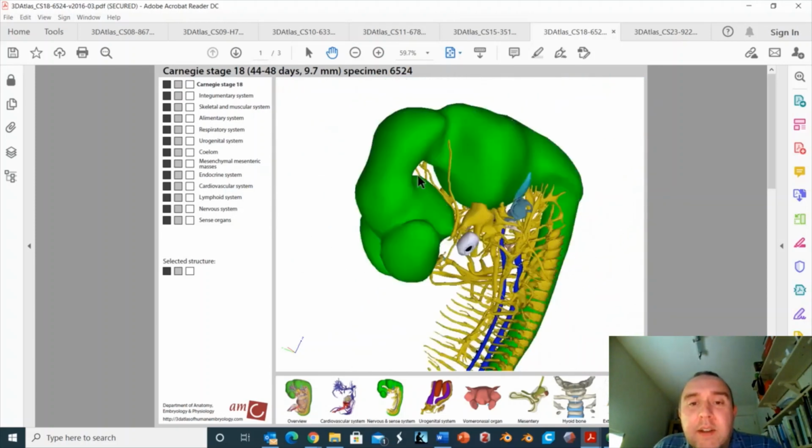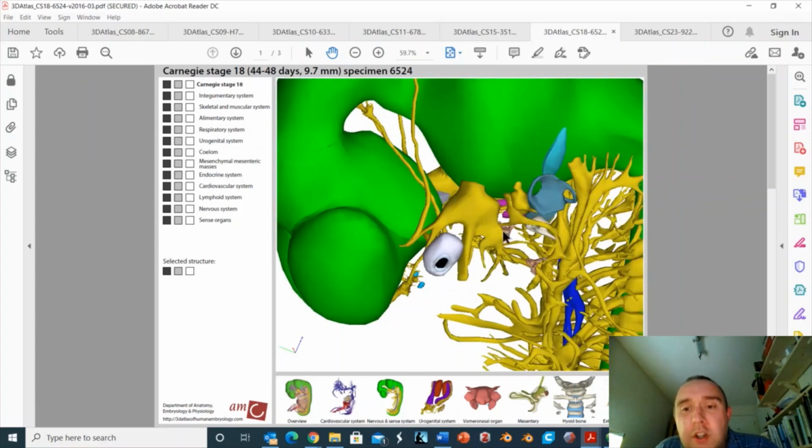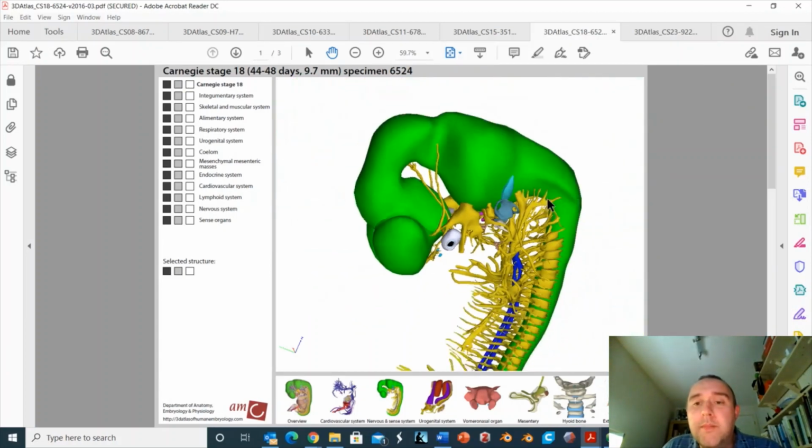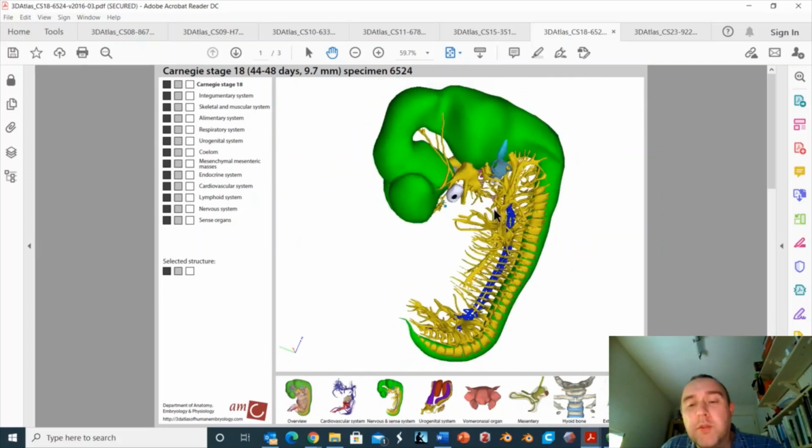We can see the cephalic or midbrain flexure here. We can see the very prominent metencephalon, part of the hindbrain, with its trigeminal nerve and its three major branches there. So the three branches of the trigeminal nerve are very clear there. We can even see the inner ear structures just there. All right. So once again, this is just a revision of those brain vesicles.